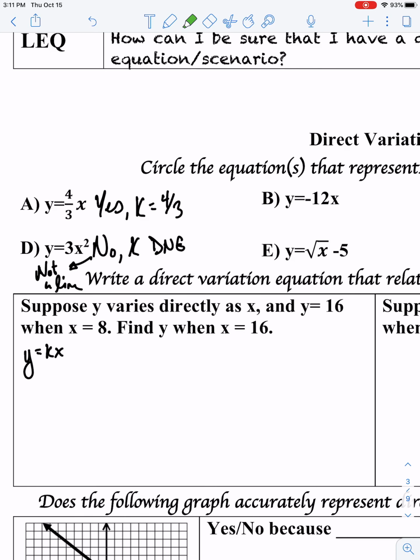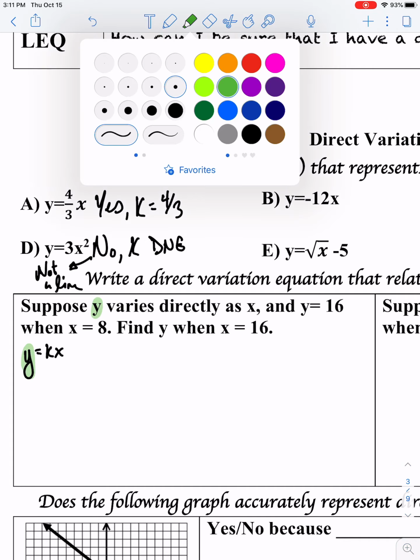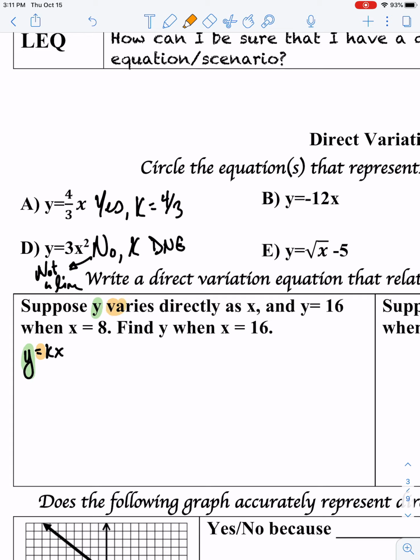The way I set these up, when you see the word varies, you're going to immediately put an equal sign, because it's now describing what kind of variation. Your constant will always be on the right-hand side. K is the constant. It's what every type of variation has. So K is always going to be on the right. And then what it varies with, x.